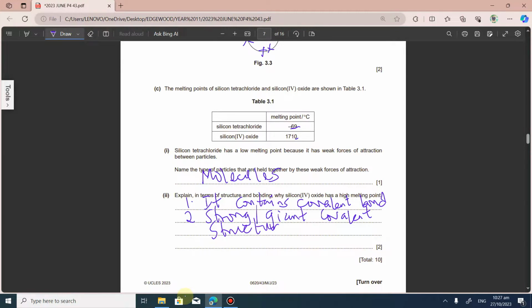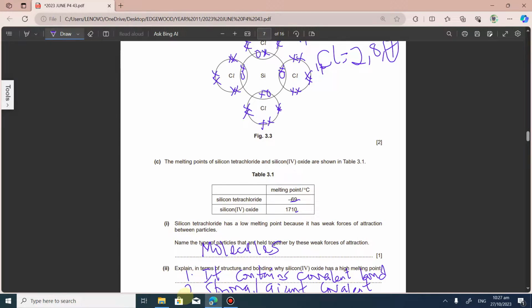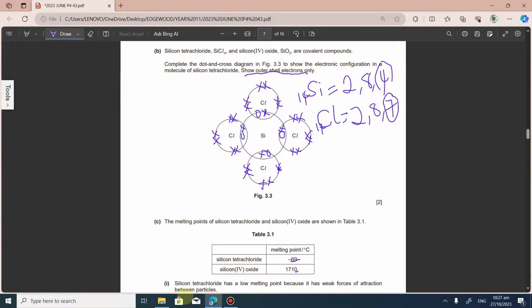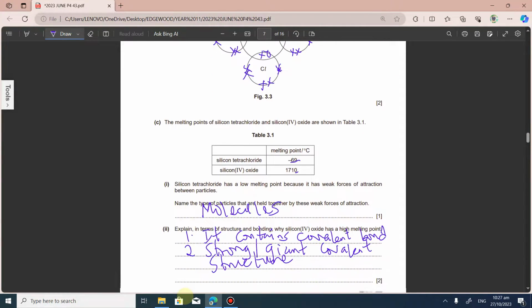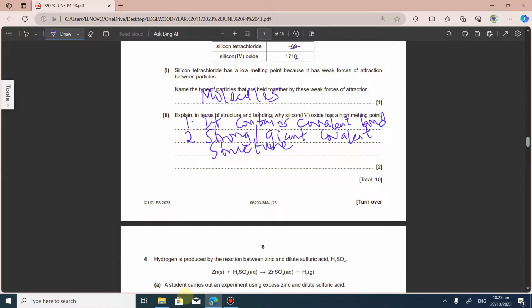In the case of silicon tetrachloride, it's equally a covalent bond. But in that of silicon 4 oxide, it's a covalent bond with a giant covalent structure. So the bonds are stronger in silicon 4 oxide than in silicon tetrachloride. So that's why it has a higher melting point.